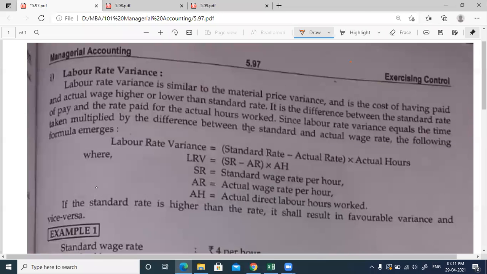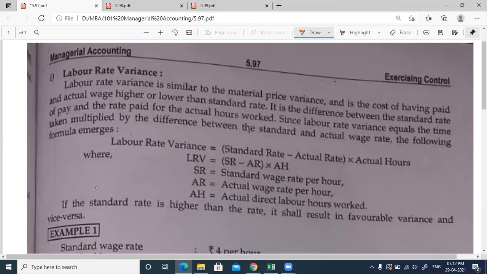So labor rate variance is the second component in your control exercises. Labor rate variance is all about the wages you have paid to the worker as per the work performed, or how many hours are worked in the factory towards manufacturing a product or providing a service.